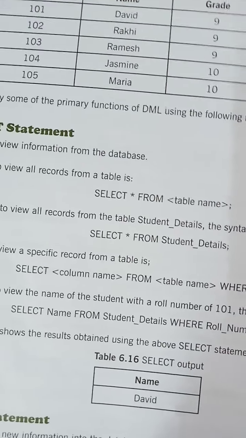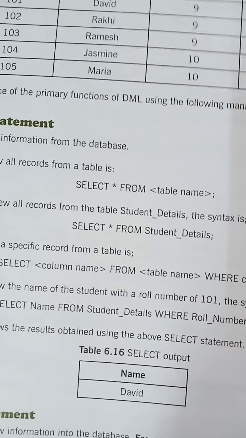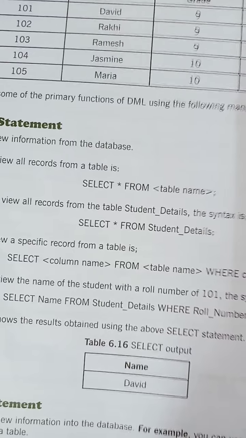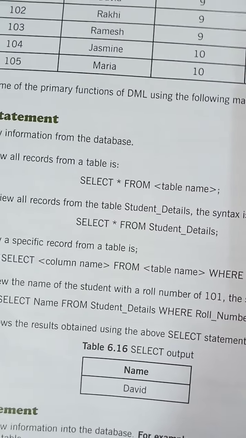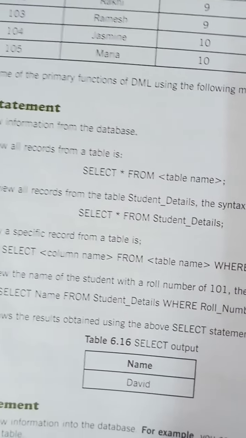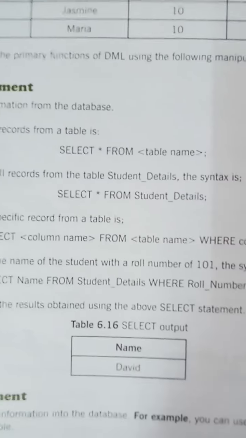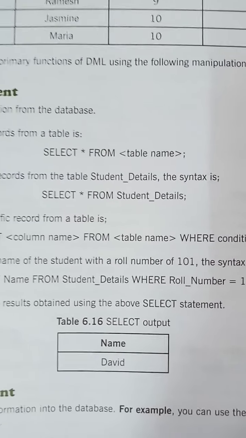So set marks obtained equals 80 where roll number equals 101, or you can write where name equals David. This is how you change an existing value of the table.